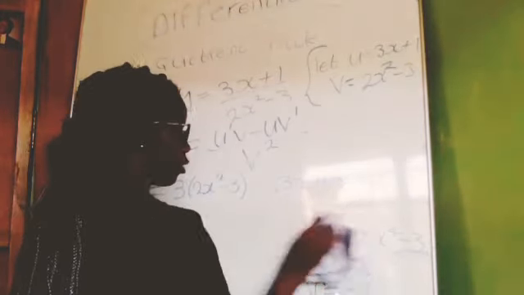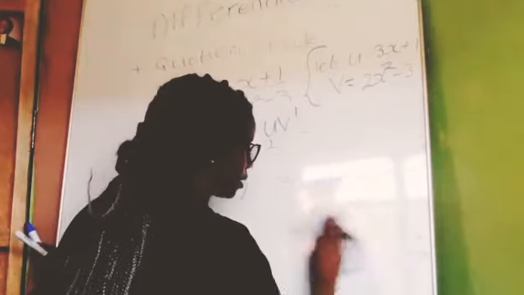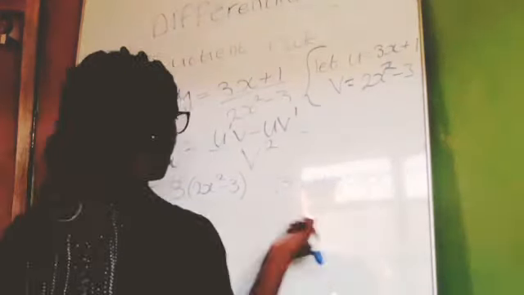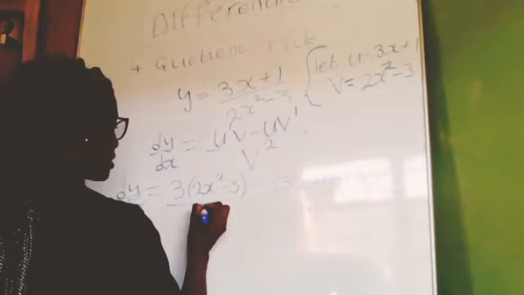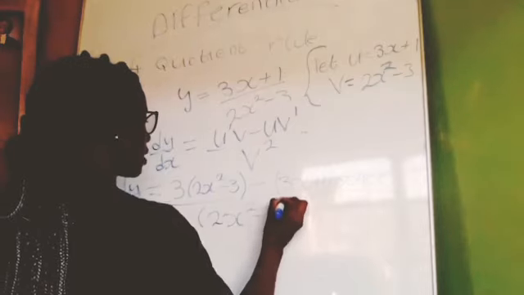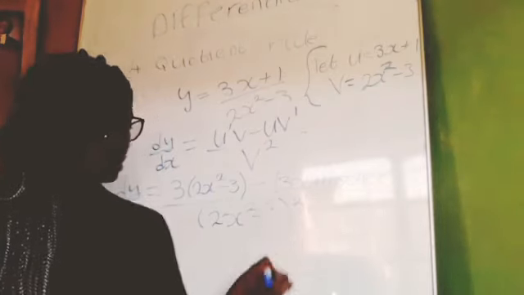Again, I hope I'm not too fast. Okay, so we divide all this by v squared. So that's 2x squared minus 3, squared.